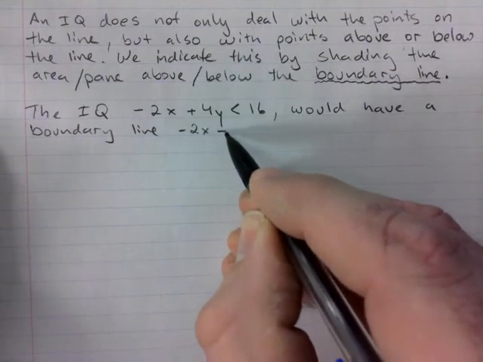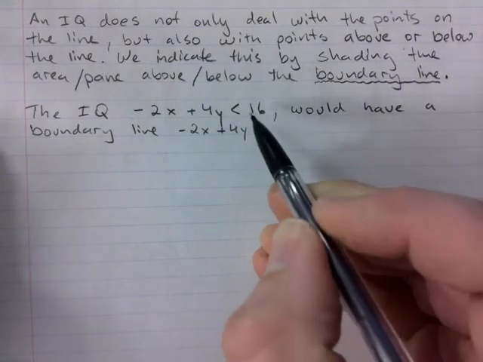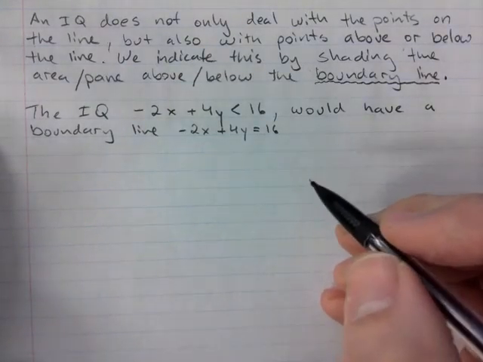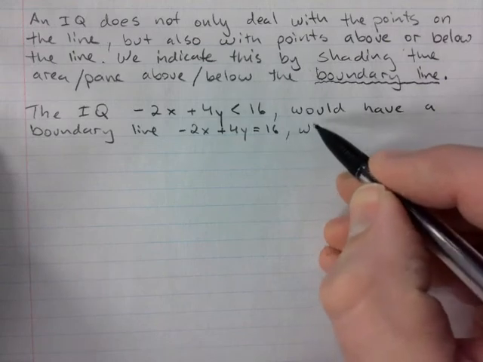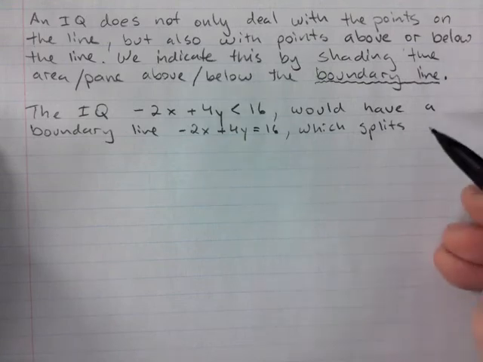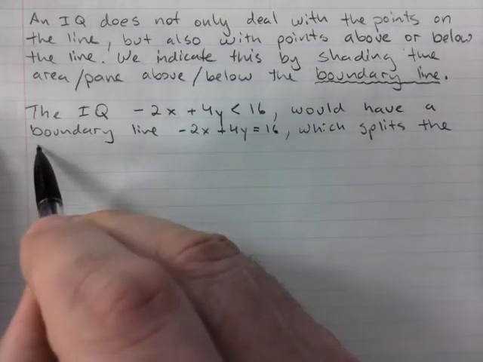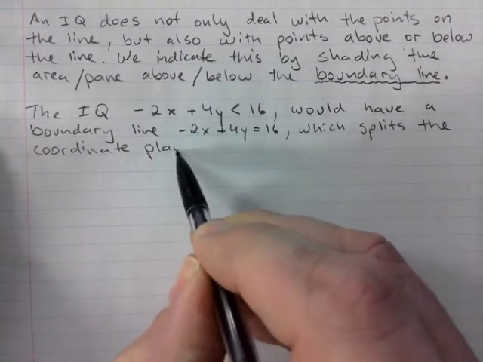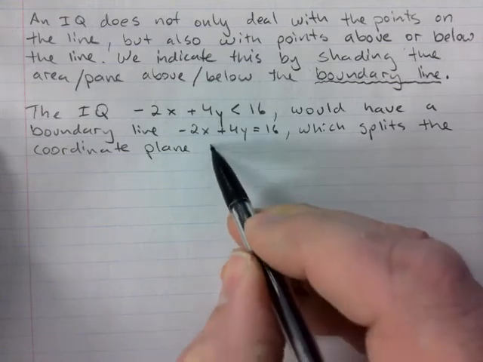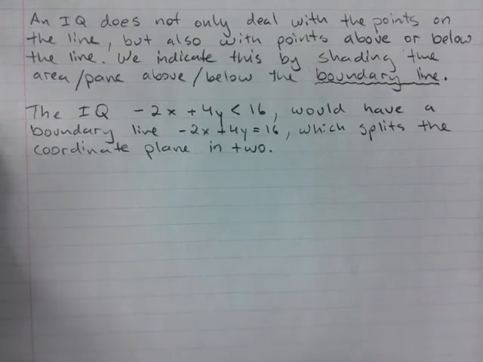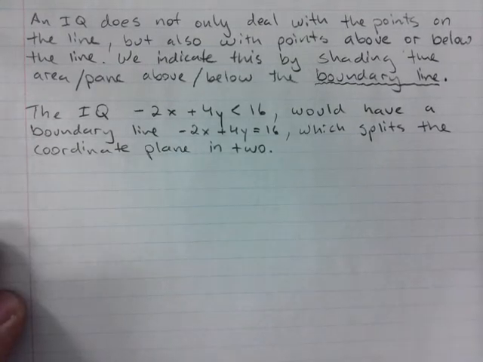I'm going to copy the exact same thing, watch this, except the inequality is replaced by the equal sign, which splits the coordinate plane in two. Okay, so you'll have two planes when that boundary line is graphed.